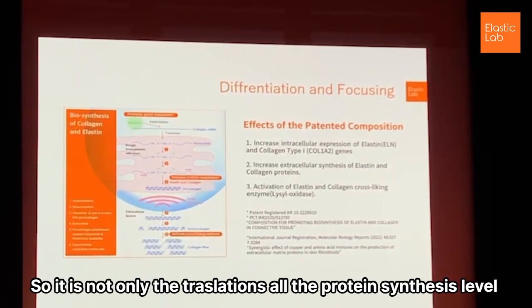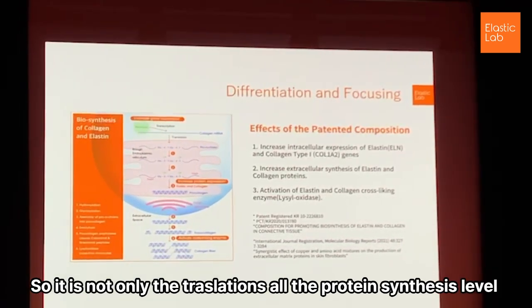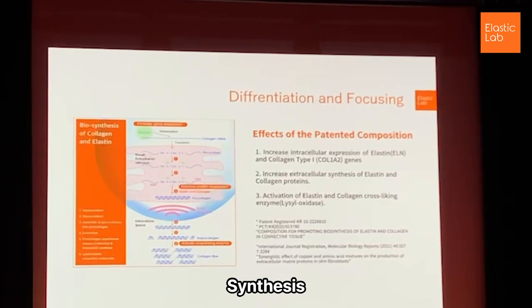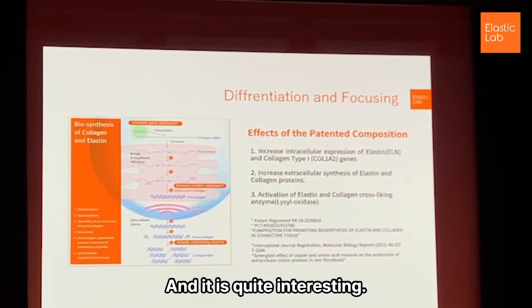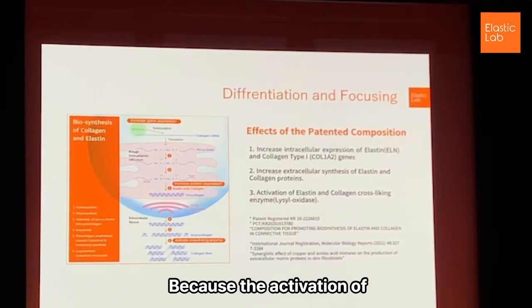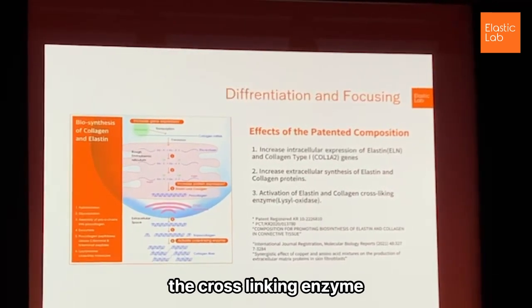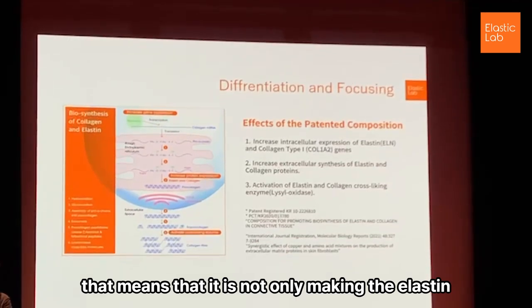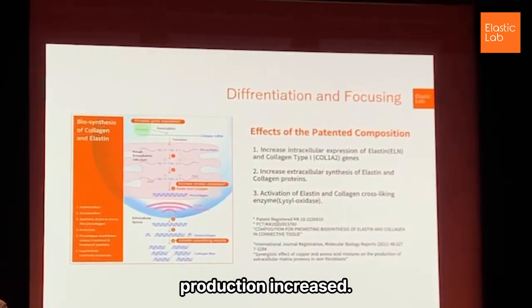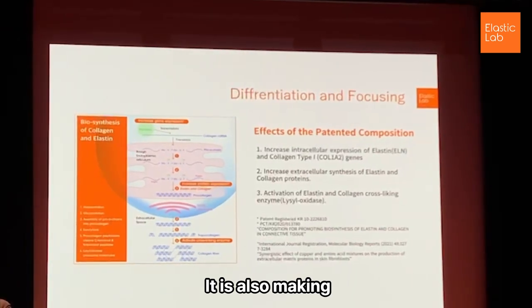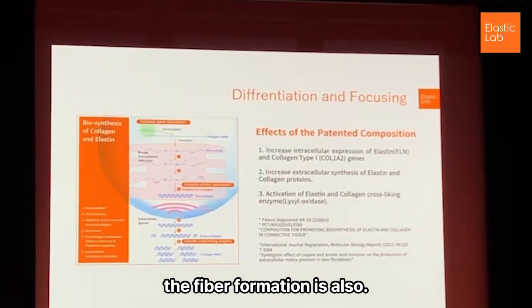So it is not only at the translation level, but from transcription to all the protein synthesis levels, it has a more constant effectiveness. And it's quite interesting because of the activation of the cross-linking enzyme, which means it is not only increasing the elastin production, the fiber formation is also improved.